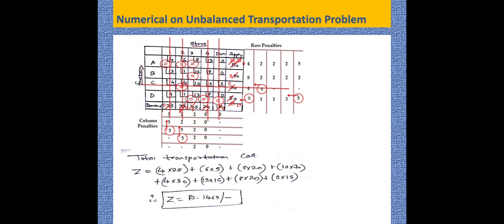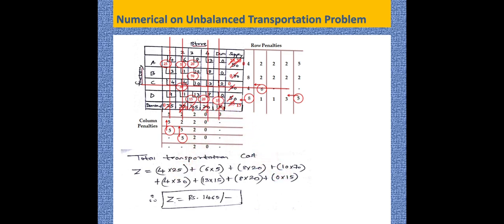So now if I calculate total transportation cost, that is nothing but 4 into 25, 6 into 5, 8 into 20, 10 into 70, 4 into 30, 13 into 15, 8 into 20 plus 0 into 15.